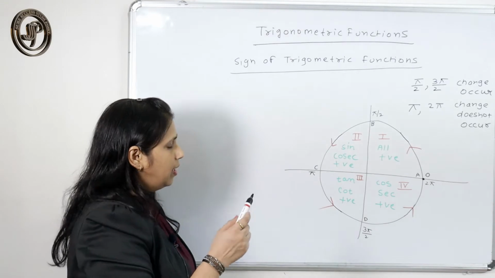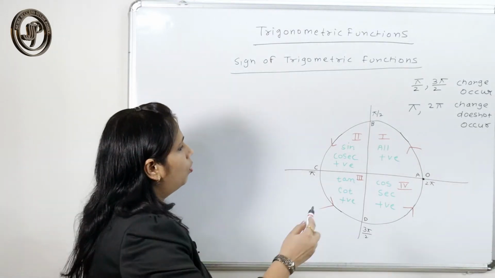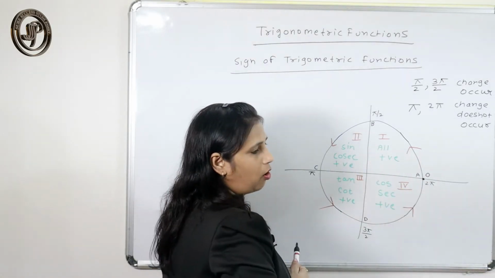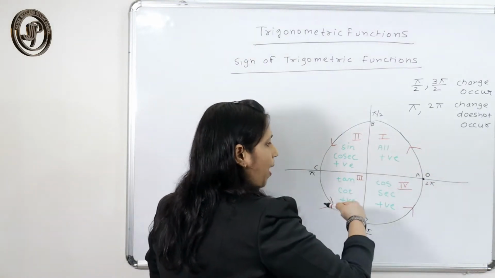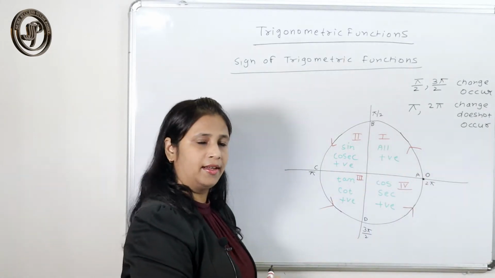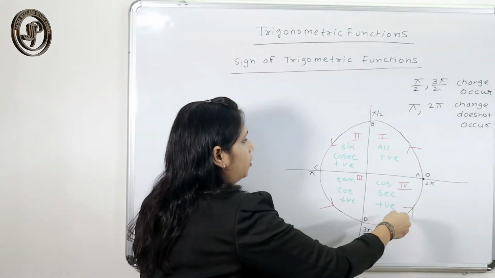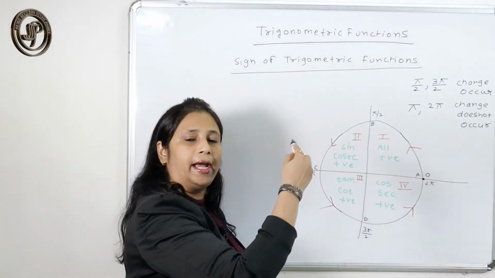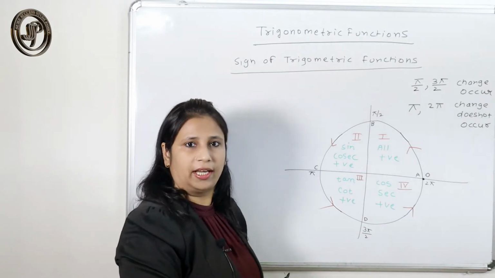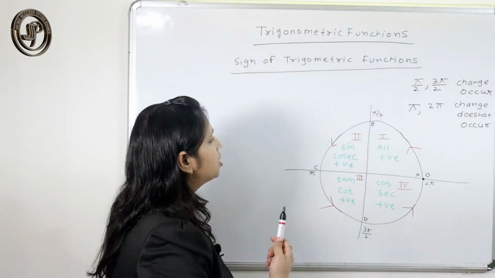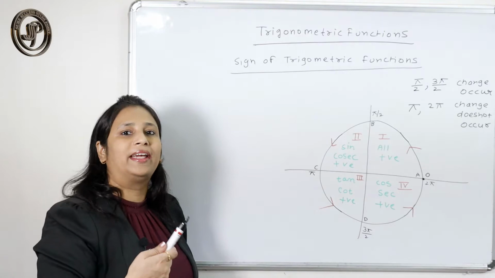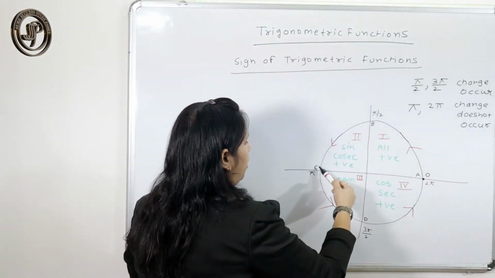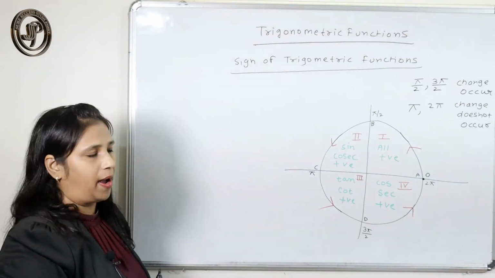Similarly, if you go further, 4 pi again coincides at point A, 6 pi coincides at point A, 8 pi again at point A, and so on. So you just have to add 2 pi for each full turn.